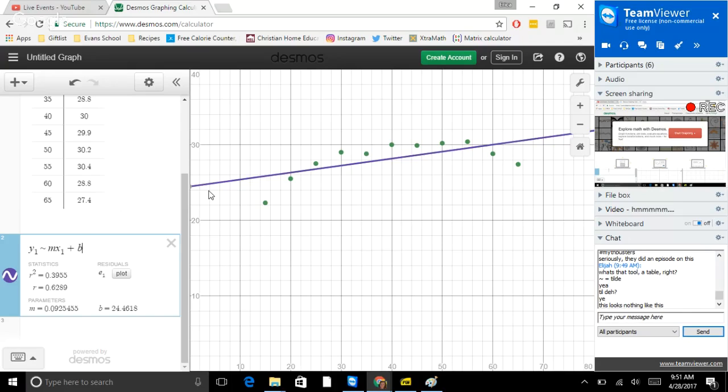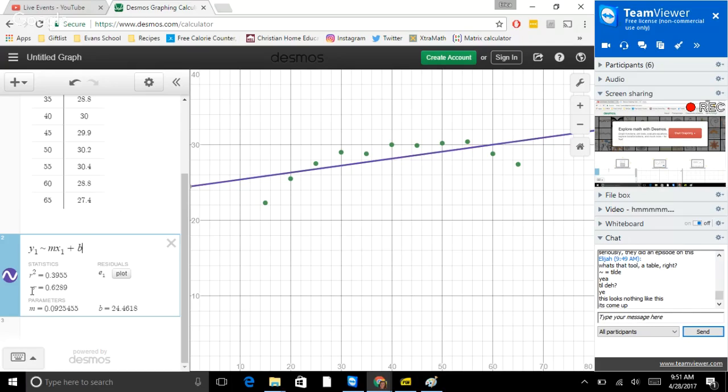Awful. It doesn't look anything like it. If you look at this box underneath here, what does this tell you? It tells you that for this particular purple line that Desmos gave you, m is 0.09 and b is 24.42. So it tells you what the equation is. It also gives you this thing called an R value. I don't know if we specifically talked about R values in this class, but actually we did. I remember talking about it a long, long time ago.